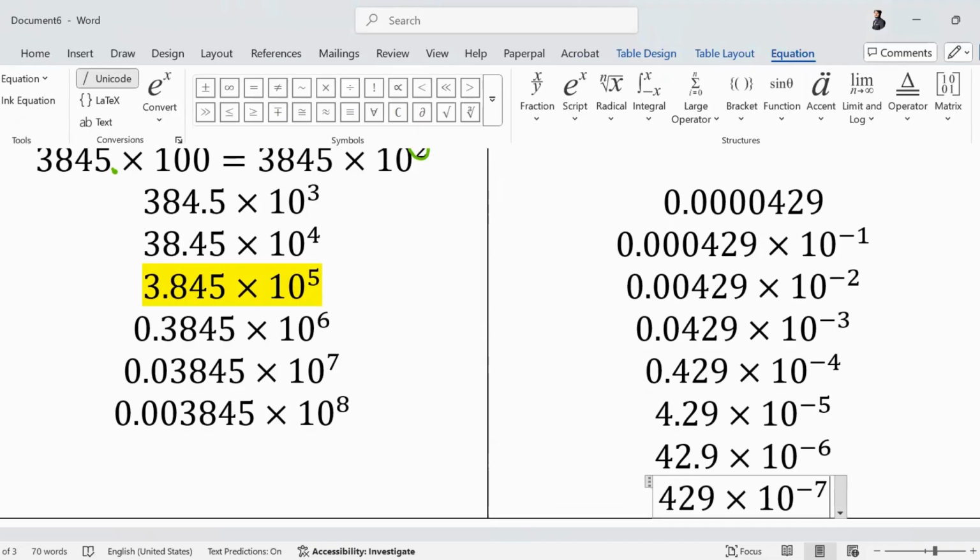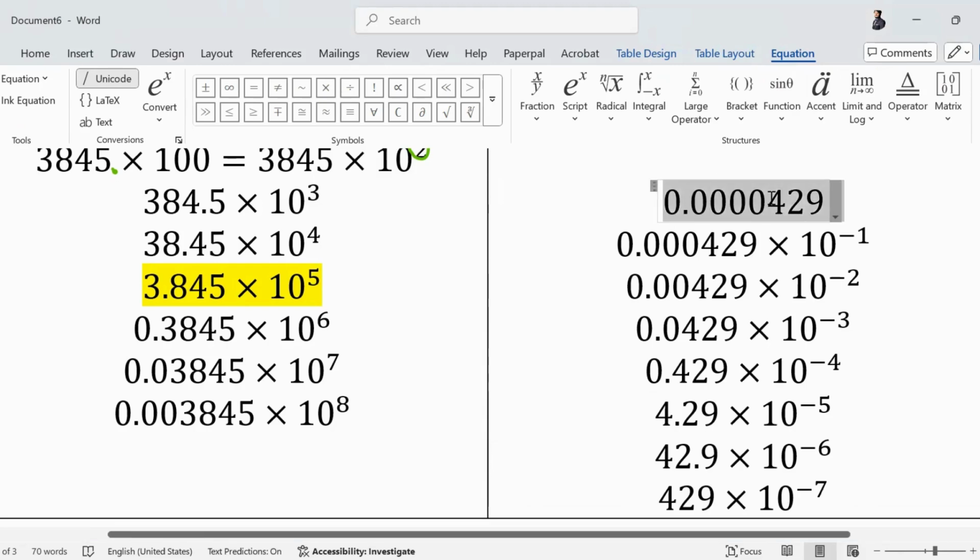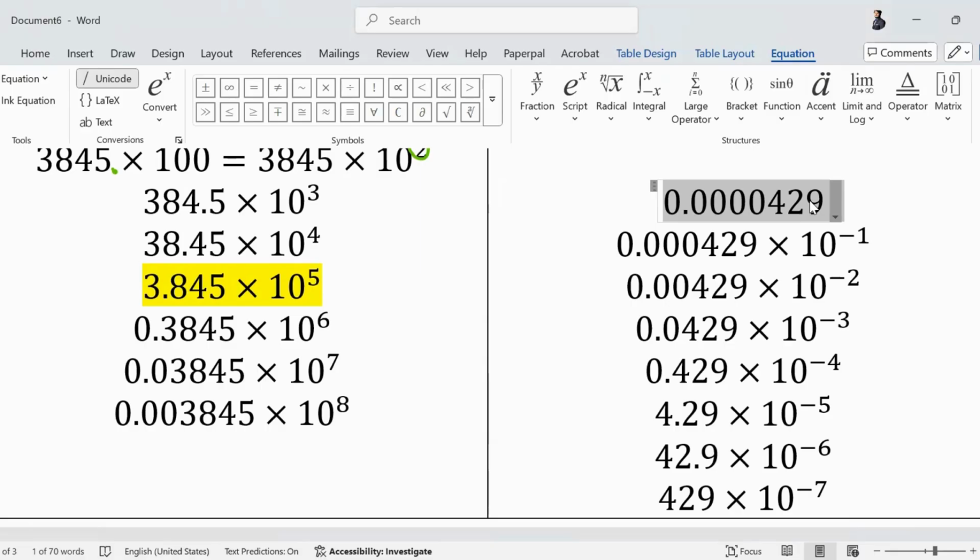Now, all of these are the same value. The value is still 0.000429. Which of these is the standard form or the scientific notation?